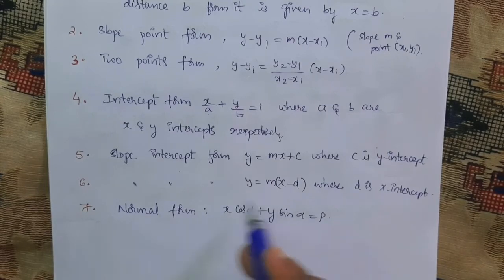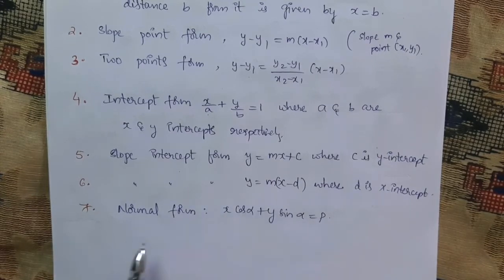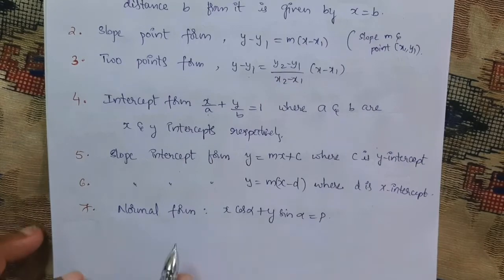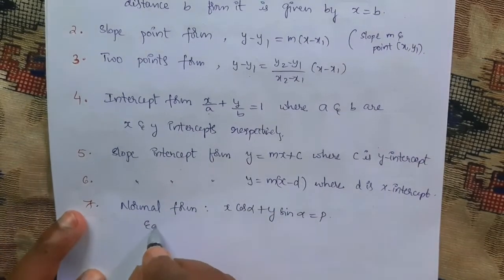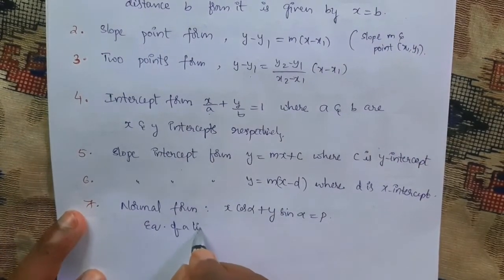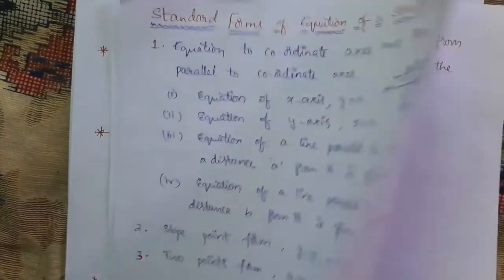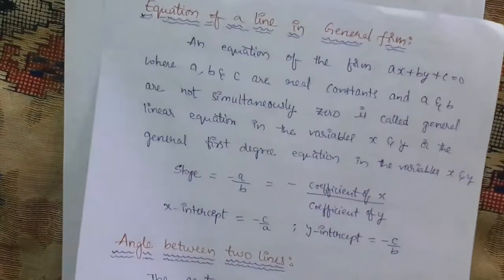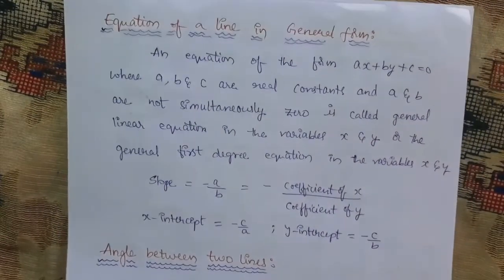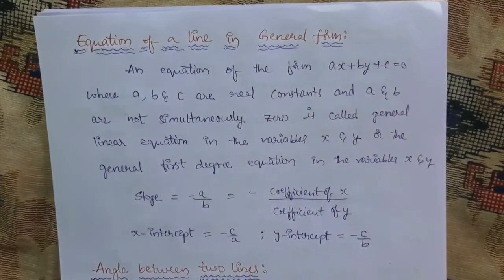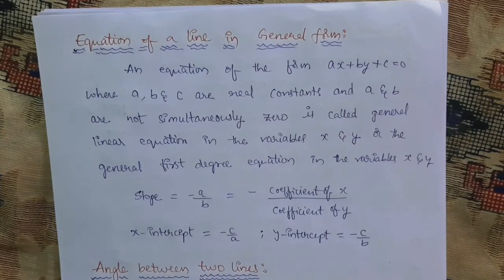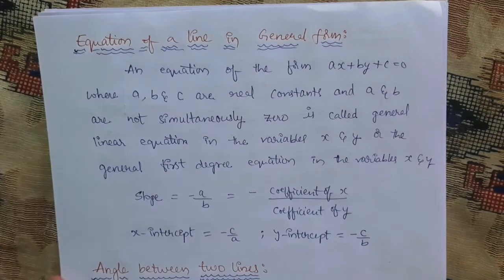This is how we find the normal form of a line, which is also the equation of a line only. See, these are the concepts you need to remember before solving straight line based questions.